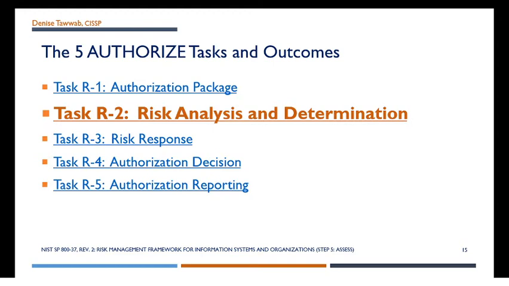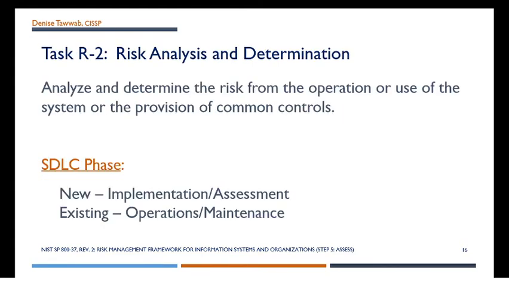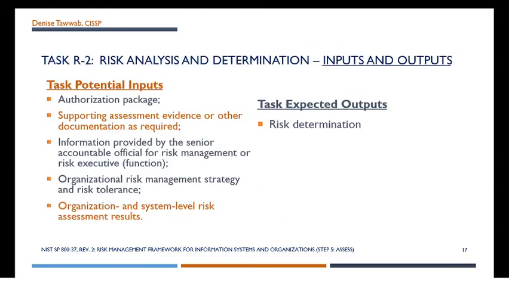Task R2 is risk analysis and determination. Let's get into it. In this task, you're going to analyze and determine the risk from operation or use of the system or the provision of common controls. What is the risk?